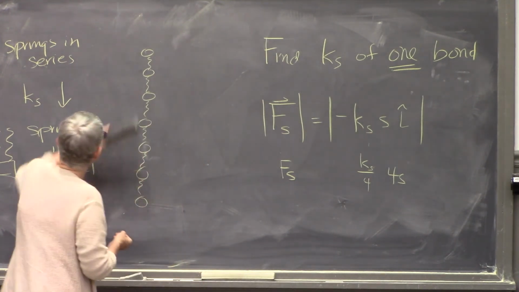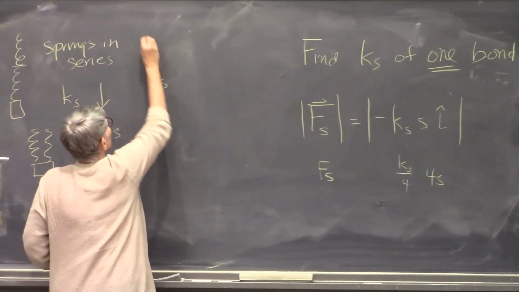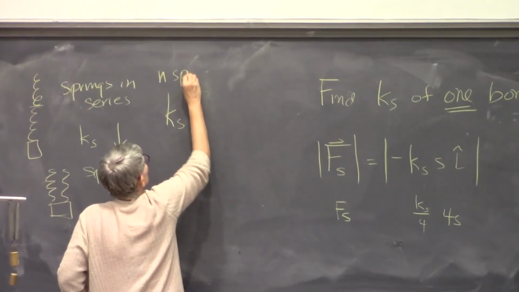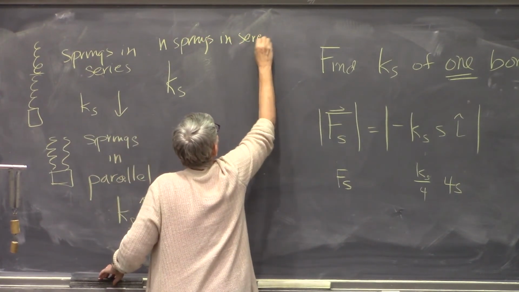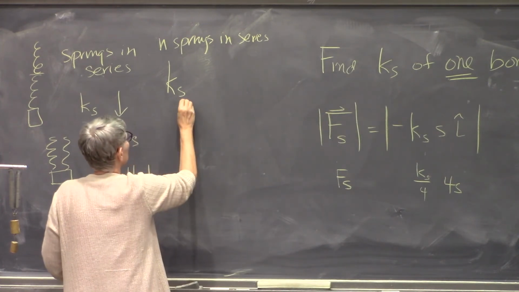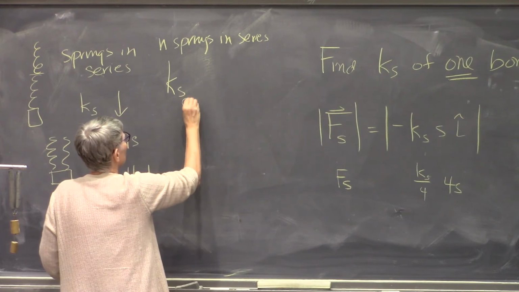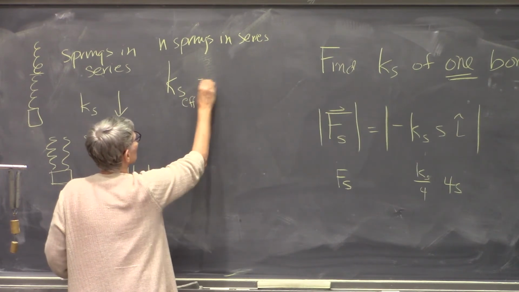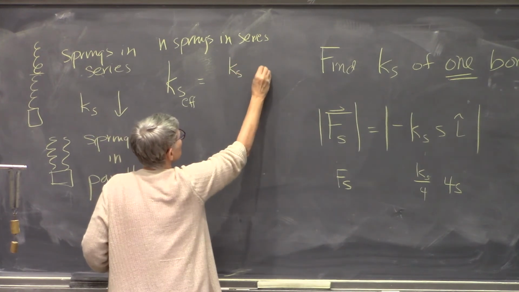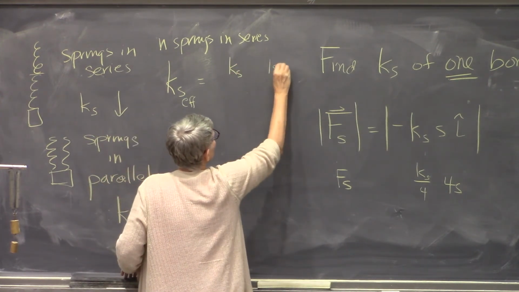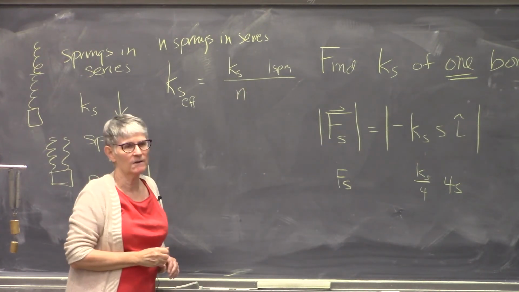So we can generalize and say that for n springs in series, the effective spring stiffness is the spring stiffness of one spring divided by n, right?